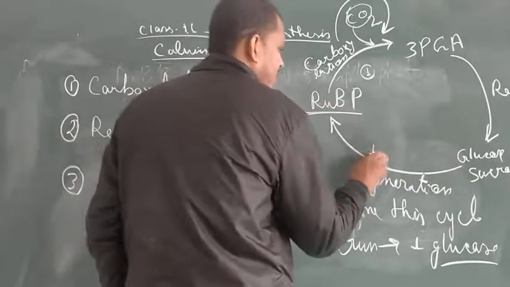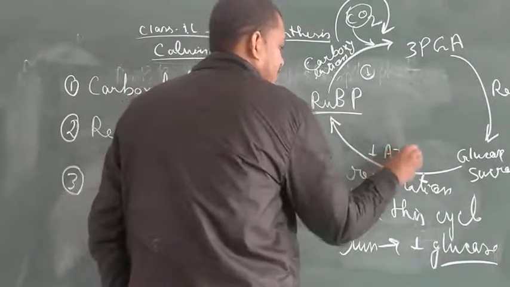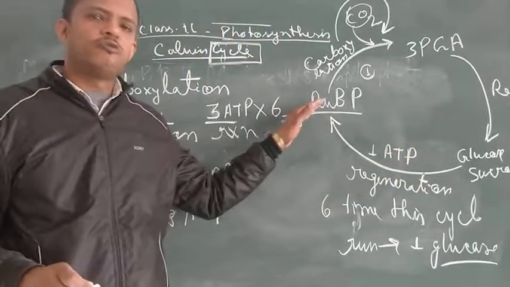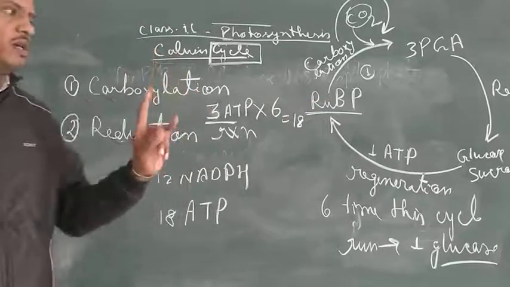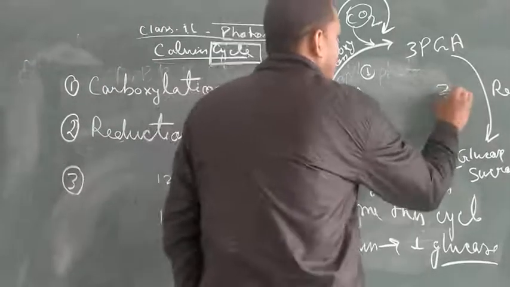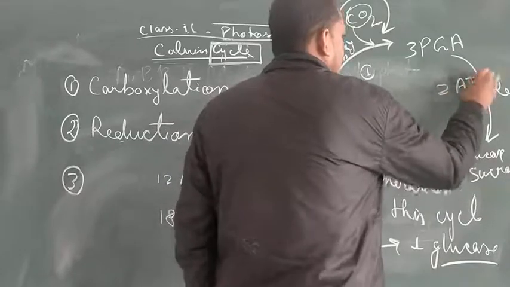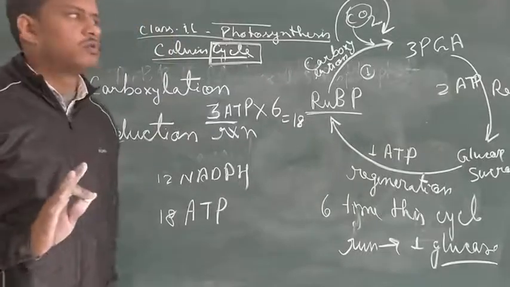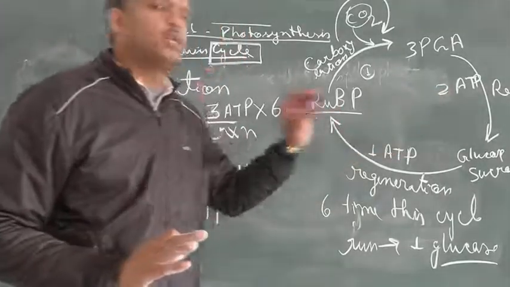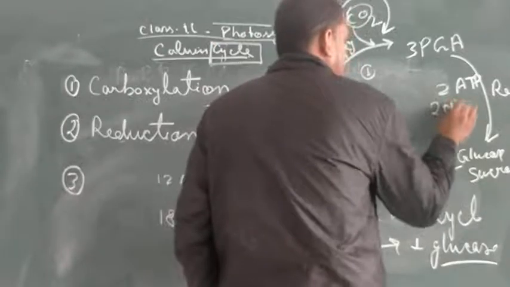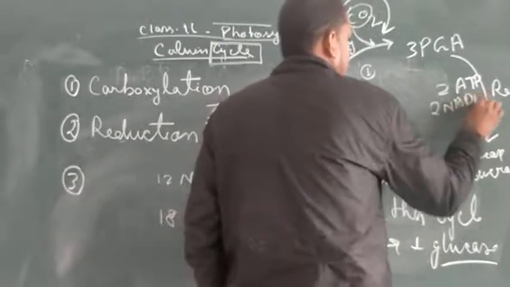In the regeneration phase, 1 ATP is required. After glucose, the release of this RUBP needs 1 energy. Dephosphorylation is required: 1 ATP here and 2 ATP required during the reduction of the 3 PGA to the glucose. So 2 plus 1, total 3, and here 2 NADPH are required.